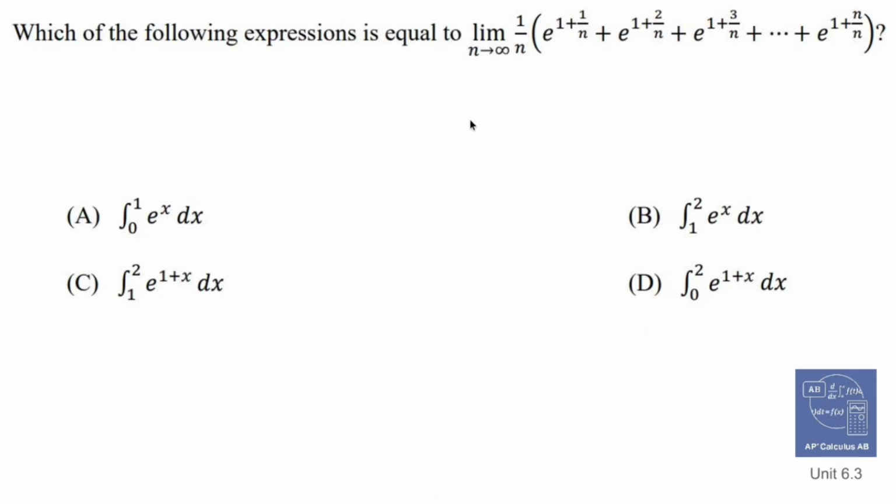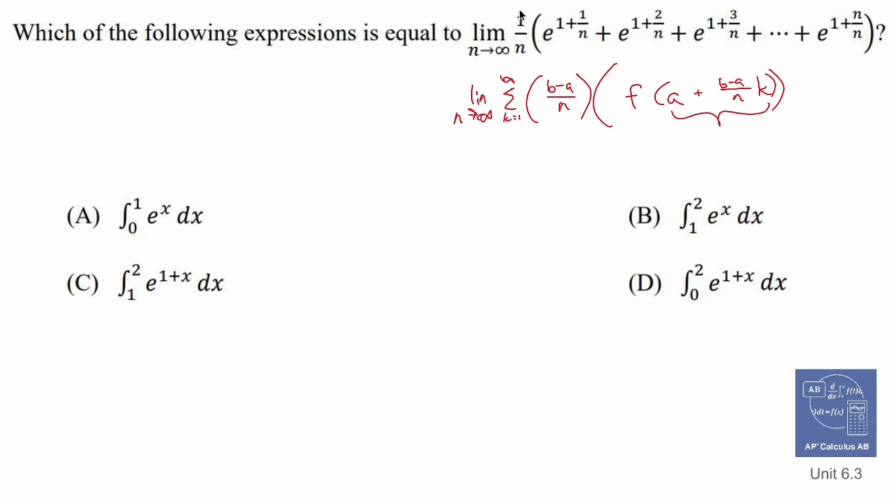I'm comparing this to what essentially is this: limit as n approaches infinity of the sigma from k equals 1 to n, and it's always going to be b minus a over n, times f of a plus b minus a over n times k. Now this is normally supposed to be f of x, so this whole thing is x.